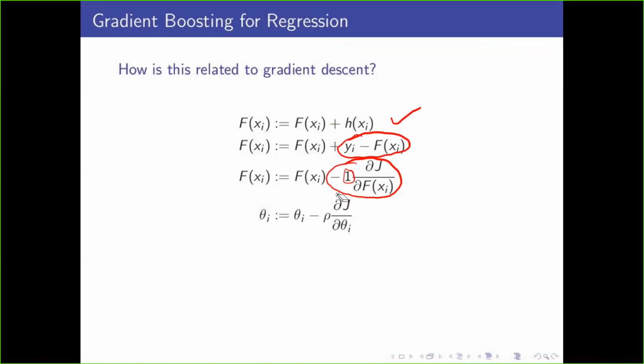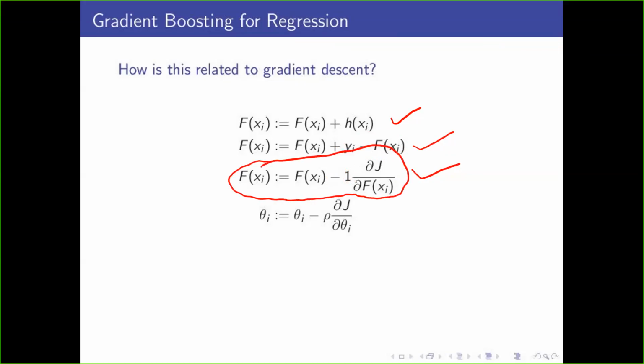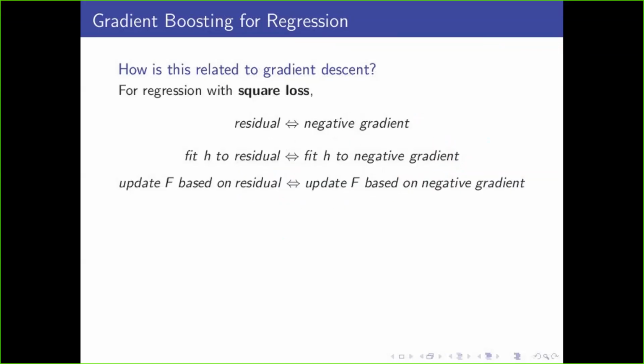So updating a model based on the residual is equivalent to updating a model based on the gradient. So f of xi is equivalent to f of xi minus 1 times the derivative of J with respect to f of xi. Isn't it looking like a gradient update rule? Theta equivalent to theta minus alpha times the derivative of J with respect to theta. Isn't it of the same form? Right. So residual is equivalent to the gradient.